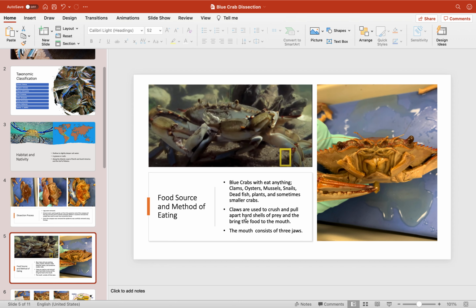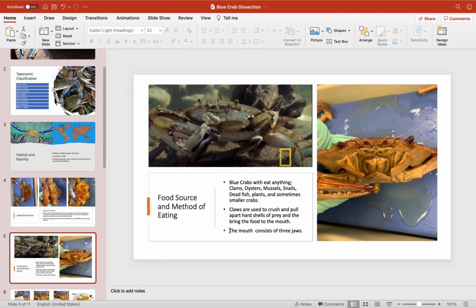Their powerful claws are used not only to protect themselves against other predators, but also to eat their prey. As mentioned, they feed on clams, oysters, and things such as that, which have a hard shell, and so they use those hard claws to crush them before they can consume the organism which lives inside that shell.